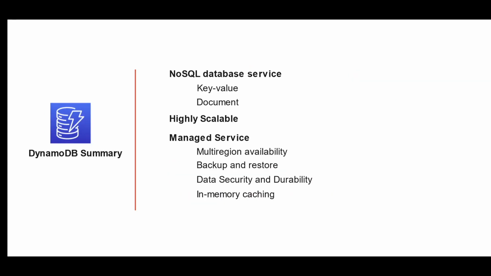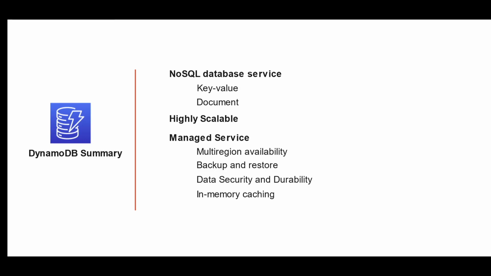So to summarize, DynamoDB, the non-relational database in AWS, is a NoSQL database service that supports both key value and document data. It's highly scalable, and it's a managed service, which is a software as a service approach, and it has multi-region availability. It has automated backup and restore capability.